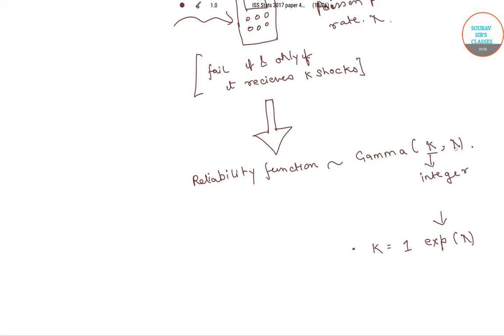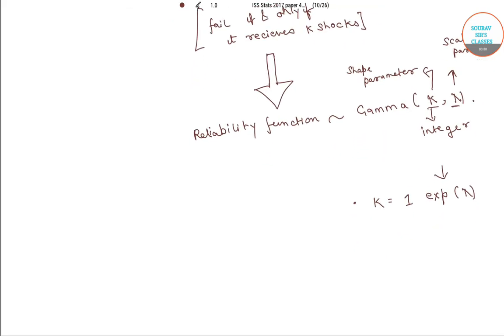This lambda depends entirely on the time scale, so lambda is the scale parameter, whereas k is the shape parameter. So for this gamma distribution with parameters k and lambda, k is the shape parameter, which is an integer, and lambda is the scale parameter.